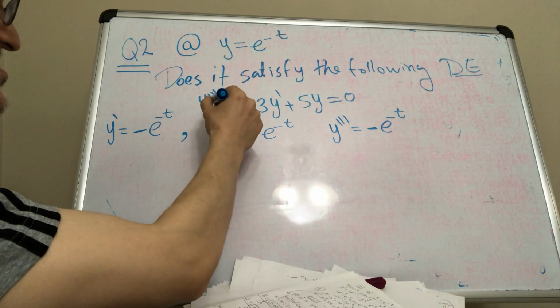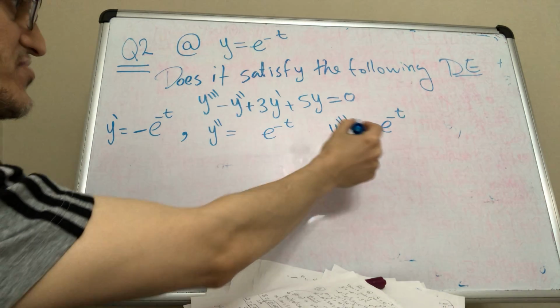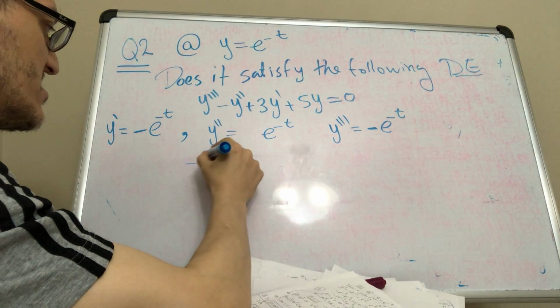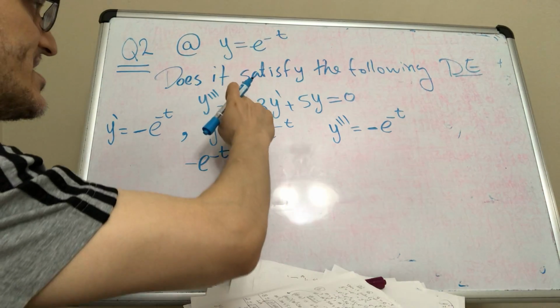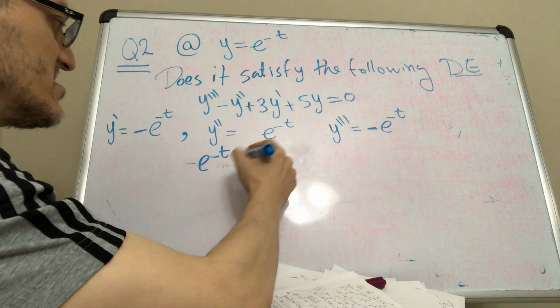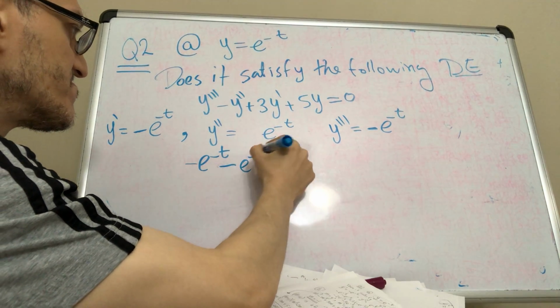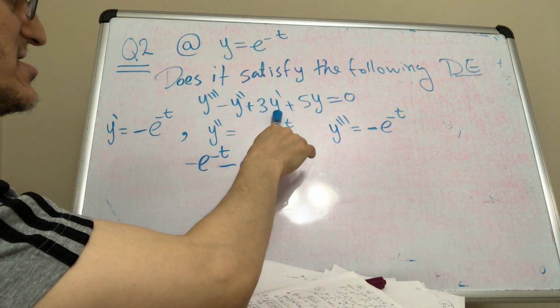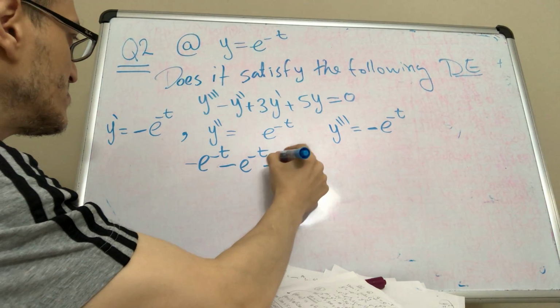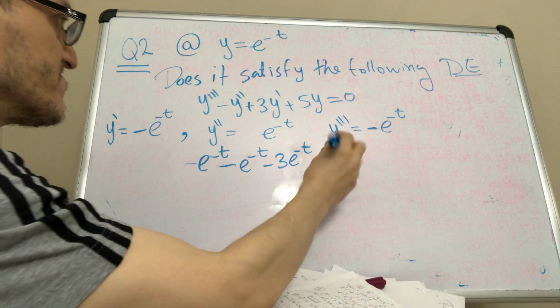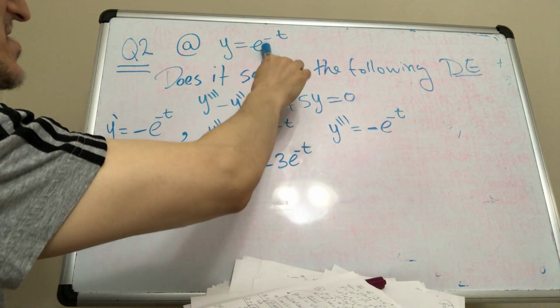Now we put everything here. y triple prime is minus e to the minus t, minus y double prime, minus this, plus 3y prime, so plus 3 times this, plus 5y, 5 times this.